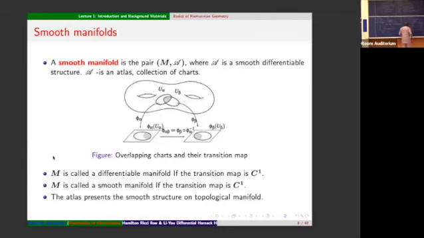So this map is phi y composed with phi x inverse. And what does that take? It takes a point from this set to this one. You can also come from this one. So what you have here is what is called the transition map.